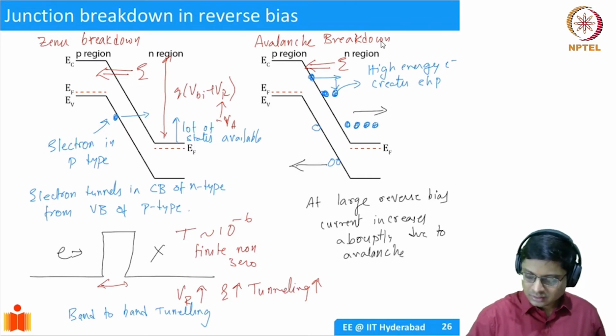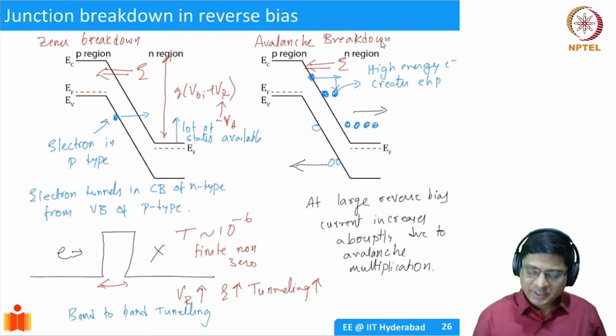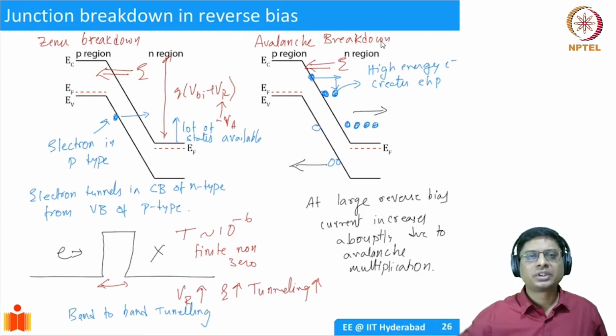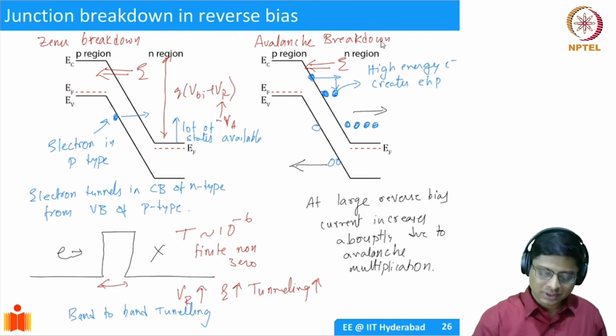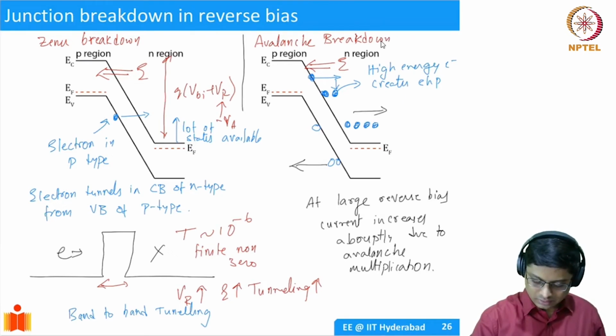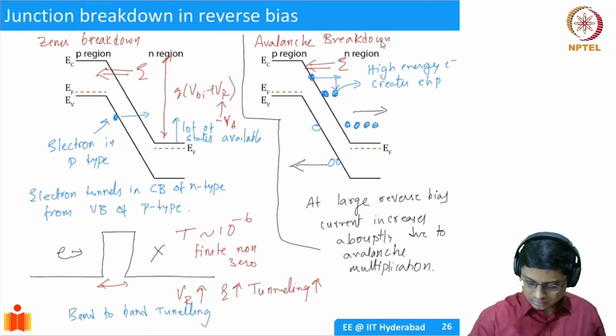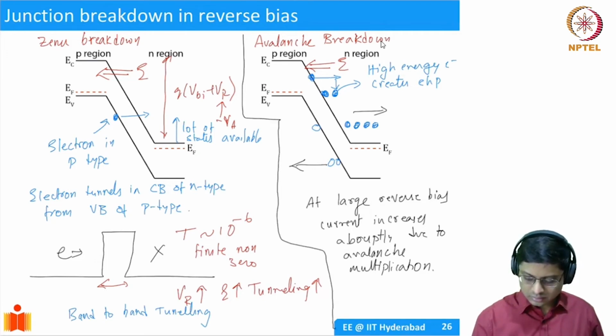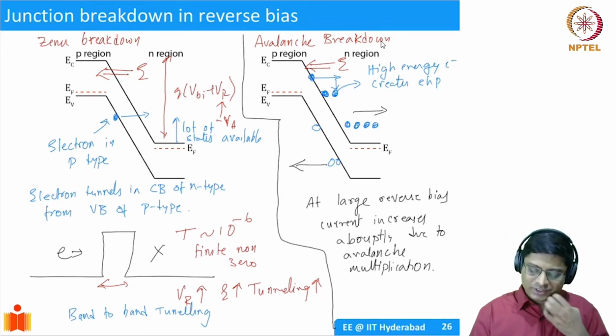Avalanche multiplication. By which we mean that essentially each electron is going to create more electrons and so on. That's why we call it avalanche. All right. So this is called avalanche breakdown.